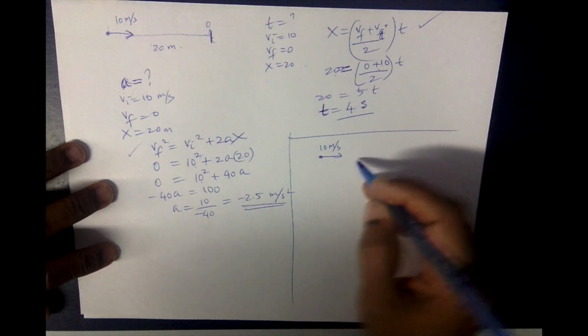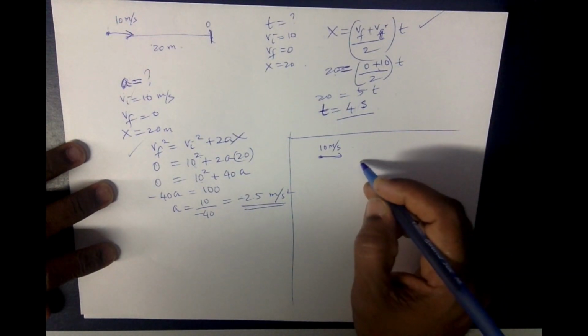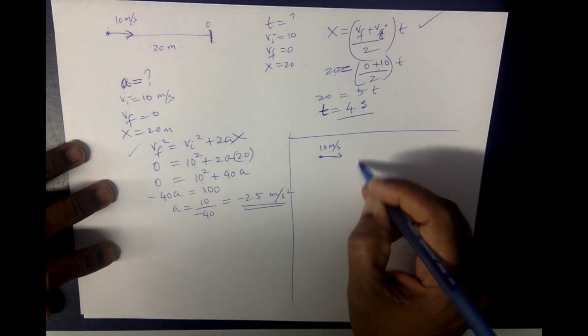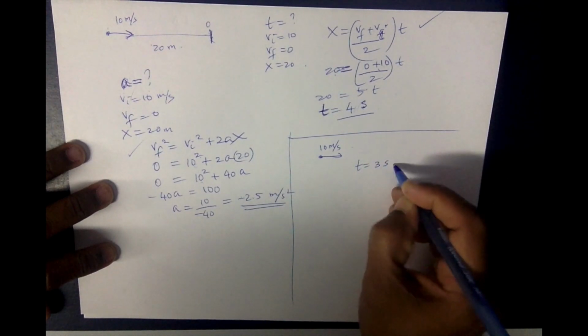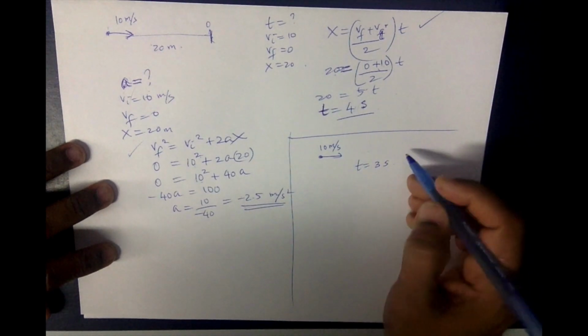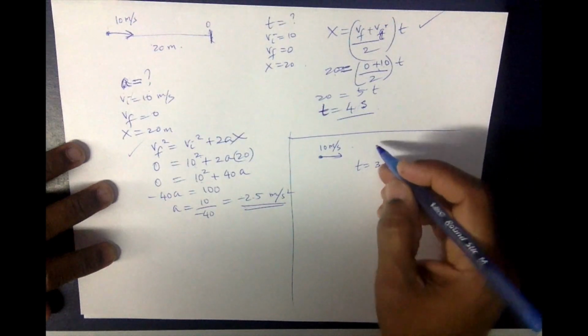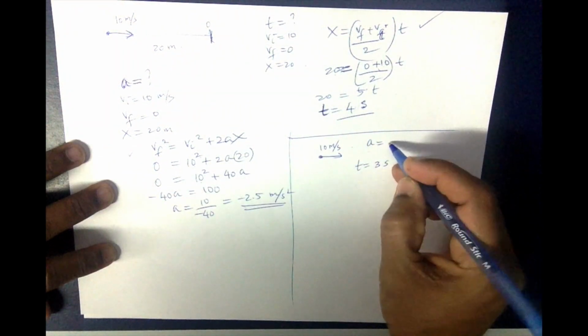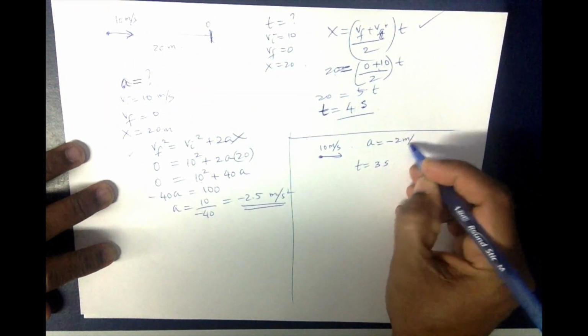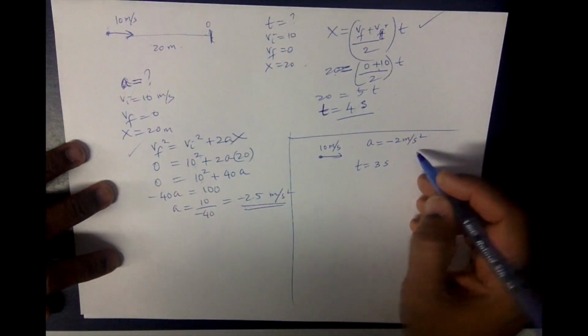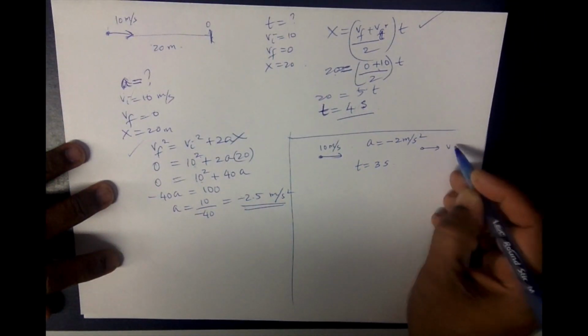After a time of 3 seconds, if it is applying the brakes and accelerating at a rate of minus 2 meters per second squared, what is the final velocity?